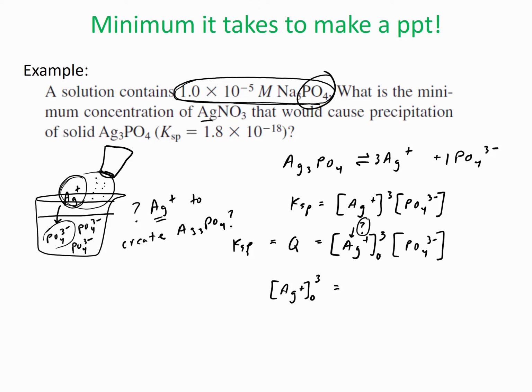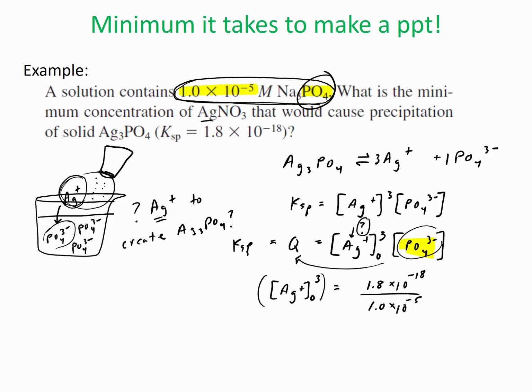That's why we use the KSP value in place of Q. So this is going to be 1.8 times 10 to the negative 18th divided by what the phosphate was. The phosphate was given by this number, so we plug that in here and divide by that number. So I move that term over, and this will be 1.0 times 10 to the negative 5th.